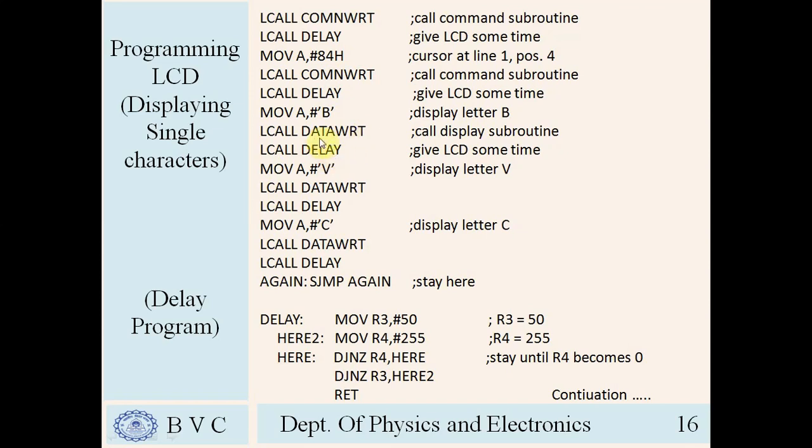After all the commands are given, you give the first character and then call another subroutine called data write. When you are giving data, you call a subroutine called data write, right? So give the first character, call the subroutine and call the delay. Next character, call the subroutine, call the delay. Third character, call the subroutine, data write and call the delay.